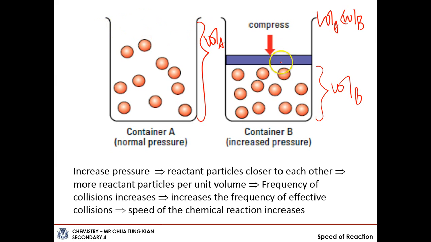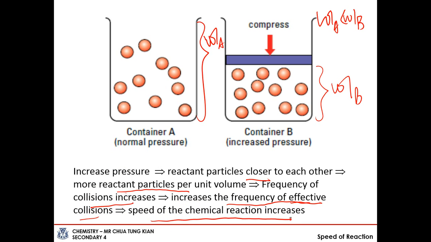So I've brought the particles closer together, and because they are closer together, it means that there are more reactant particles per unit volume, and it also means that there's a higher chance for collision to take place. So I've increased the probability of collisions taking place, and as a result, I've increased the probability of them colliding with sufficient energy to overcome activation energy and colliding with the correct orientation. So effectively, I've increased the frequency of effective collisions, and as a result, the speed of the reaction will increase.